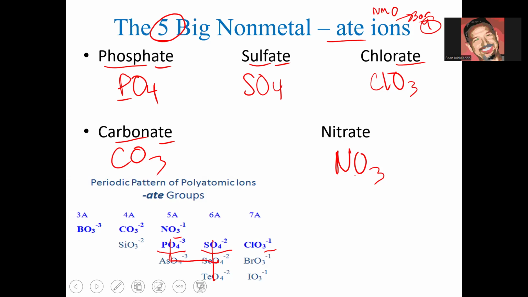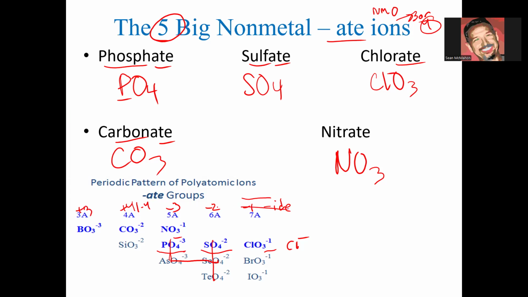Now let's do the charges. These are polyatomic ions. So we're looking at the polyatomics, we're not looking at the monoatomic ides like chloride. The way the ides work, 7A is a -1, 6A would be a -2, this is -3, this is +4, -4, and then this is actually a +3.